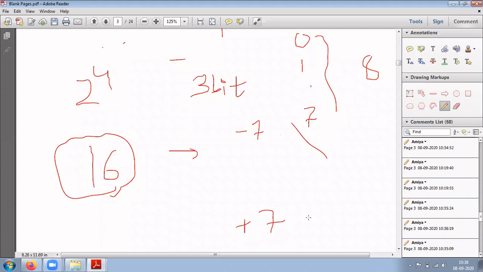Actually -7 to +7, there are 16 numbers, but there is a disadvantage of sign magnitude representation. -7 से 0 and 0 to 7, we are representing 15 नंबर. तो एक नंबर कहाँ गया? कौन बता सकता है मुझे?